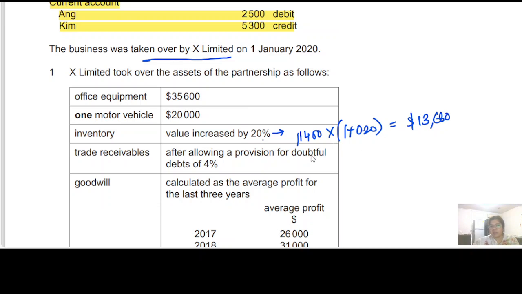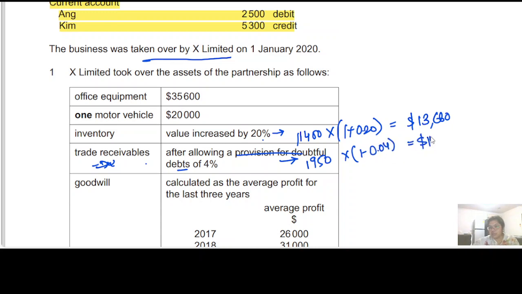For the trade receivable, there is a provision for doubtful debts. A provision for doubtful debts is always deducted from the debtors or trade receivable. The value of the trade receivable given in the question is 19,500, and because we are going to deduct, it is 1 minus 0.04, which gives 18,720.